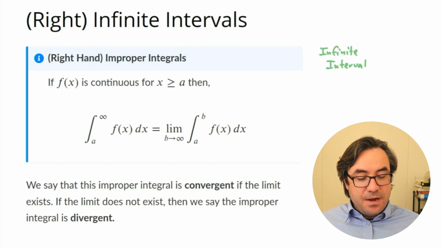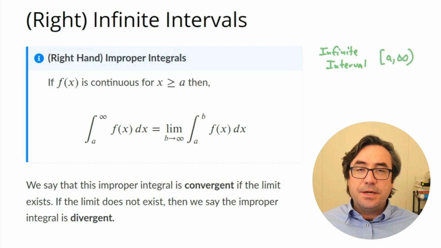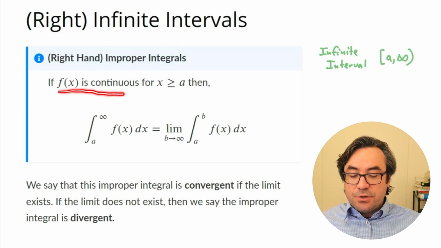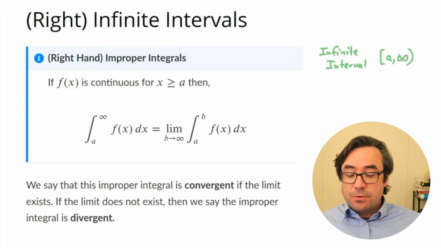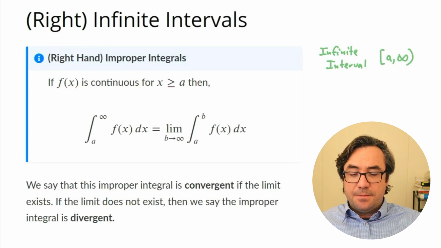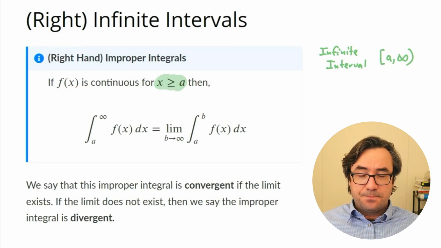So we have the infinite interval starting at a and extending all the way to the right towards infinity. For right now, we're still going to keep this continuity condition. So our function f is still going to be continuous on this interval where x is greater than or equal to a. So this is just another way to write our infinite interval here.